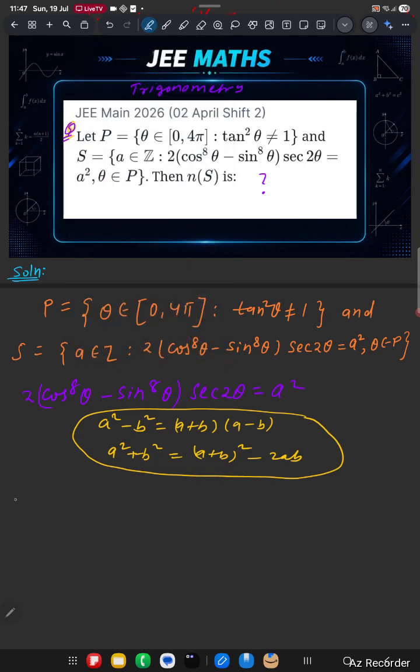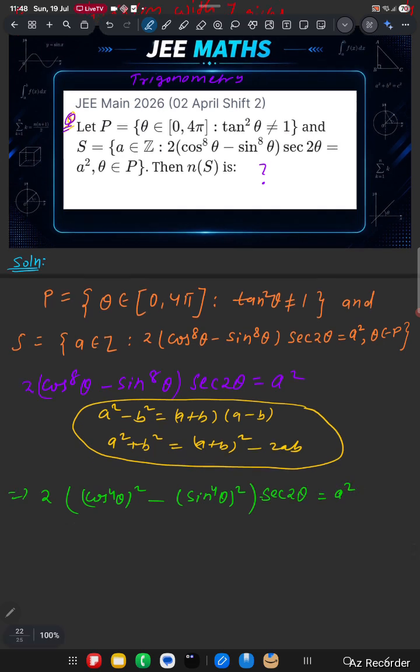Now our given expression is twice of cos 8 theta. So cos 8 theta can be written as cos power 4 theta squared, minus similarly sin power 4 theta squared, and sec 2 theta is equal to a square.